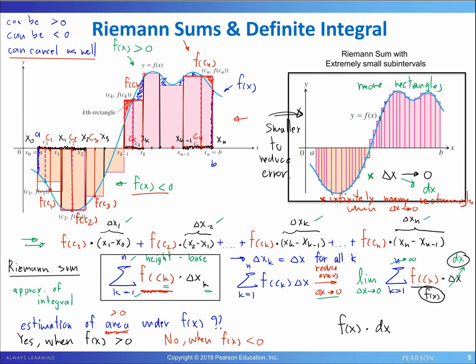Now I still need to include all these signs down here. But before that, let's take a look at the meaning of this. The meaning of this is that we are going to sum infinitely many small pieces together. Alright? So we have sum, and it's going to be infinitely many. Infinity. And then each piece is going to be so small, infinitely small.